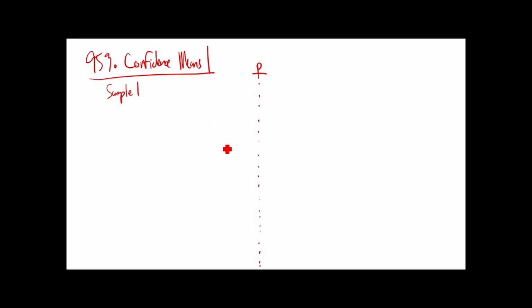So what do you do? You sample one time, you get a p hat, and you construct an interval. You sample a second time, you get another p hat, maybe here. You construct an interval, and that's what you get. You do another sample, and maybe this time p hat is about here, and you construct an interval.